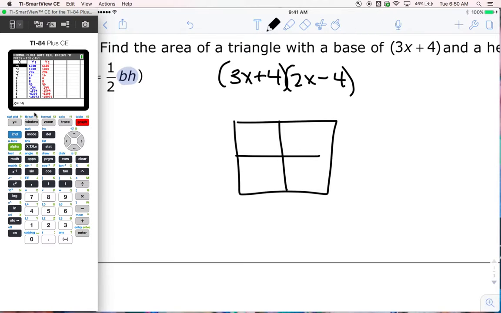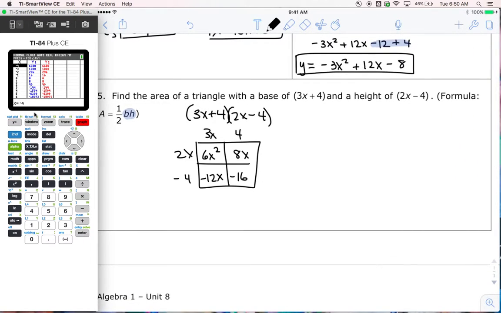Okay, so I've got 3x and positive 4, 2x and negative 4. So in this box I have 6x squared, 8x, negative 12x, and negative 16. So my product from the base times the height is going to be 6x squared plus 8x minus 12x minus 16.